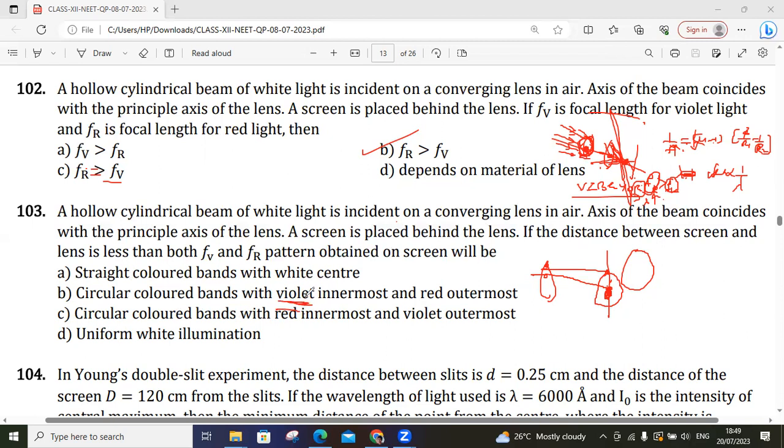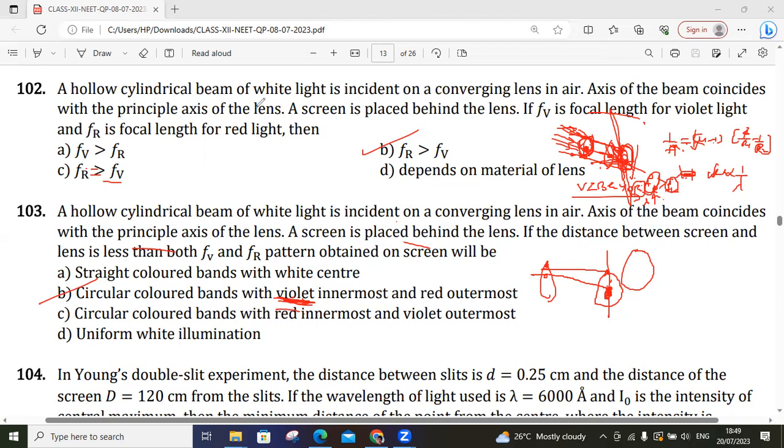Focal length is less, it means it bends the most, so it will come inside. If it doesn't bend at all, the beam will just form a circle here, but it bends a little bit, so it will form here. So innermost will be violet. So 103 is option B.